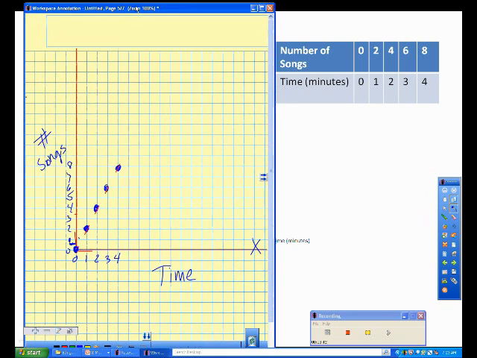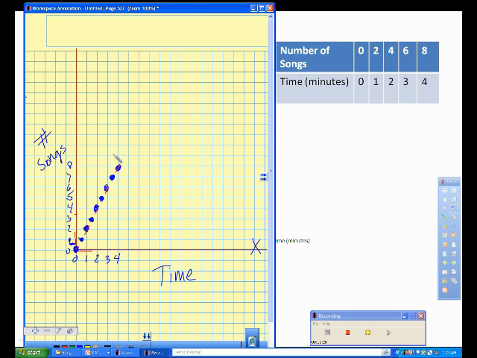So more than likely, there's probably another set of data points that should be around here. Like at half of a minute, I can download 1 song. At 1.5 minutes, I can download 3. At 2.5, I can download 5, etc. The question doesn't give us this information.